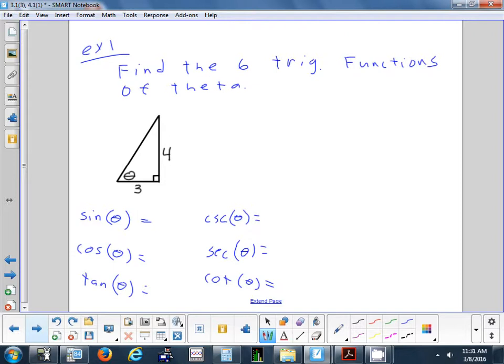But before I can even start to describe these things, what am I missing in this triangle? I'm missing the hypotenuse, and I need that for 4 of the trig functions. So how can I find the hypotenuse in this triangle? You don't need anything I taught you today.